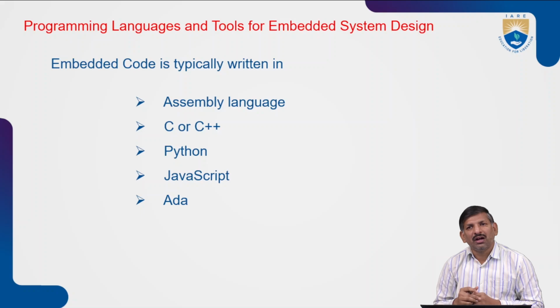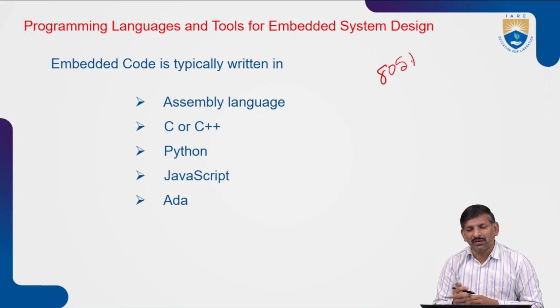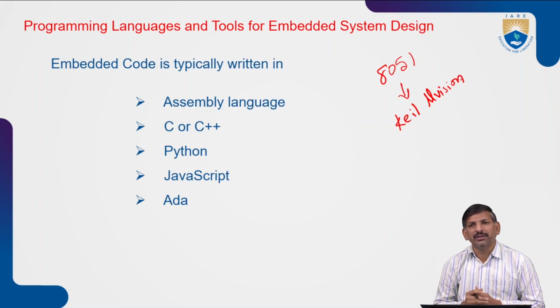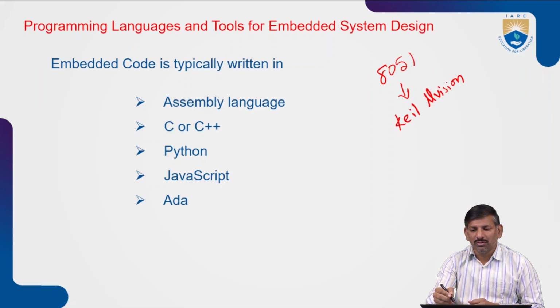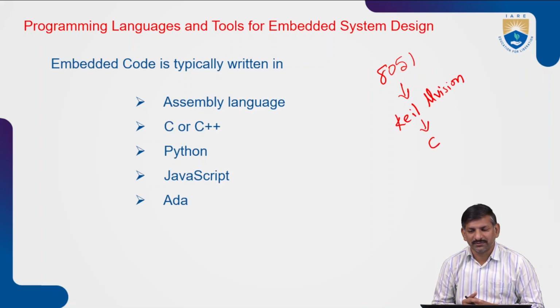Suppose I want to design applications on the 8051 microcontroller. At that time, the manufacturer provides the Keil MicroVision IDE tool, with version five being the current version. In this tool, I design the applications using the embedded C language.